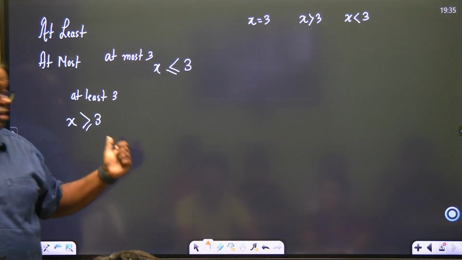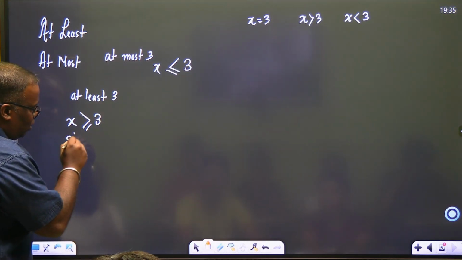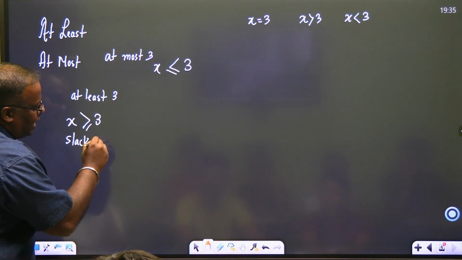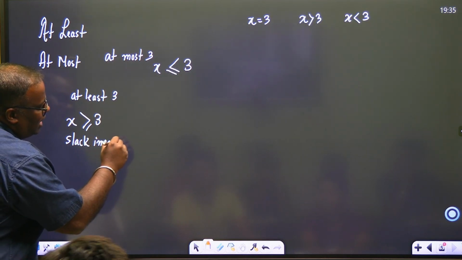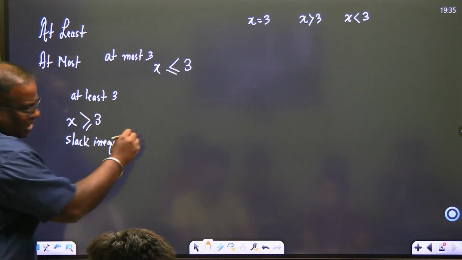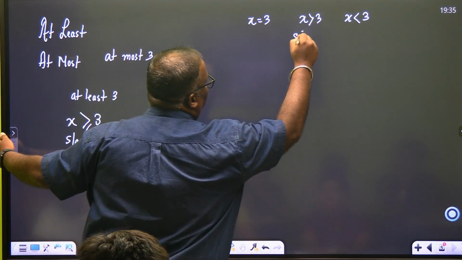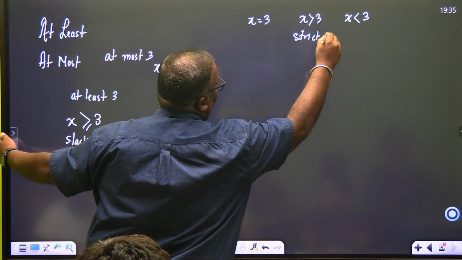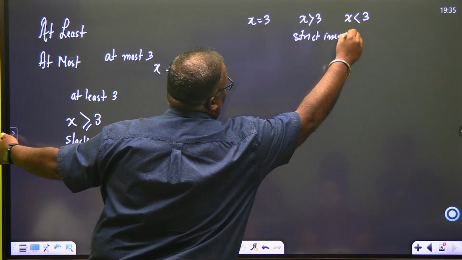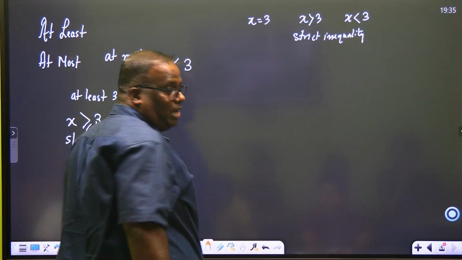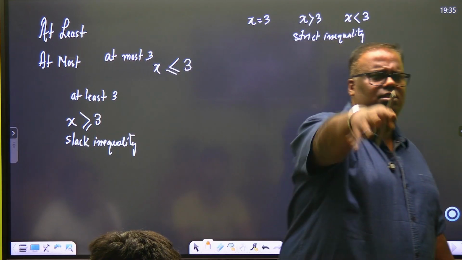So in higher mathematics we call this as slack inequality. ये जानने के लिए बता रहा हूं. Slack. I am being lenient with you. This is called strict inequality. समझ में आ रहा? Slack means 3 या 3 से ज्यादा खा के आना.